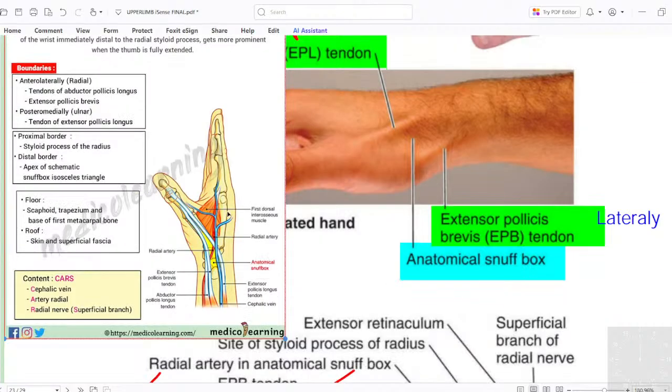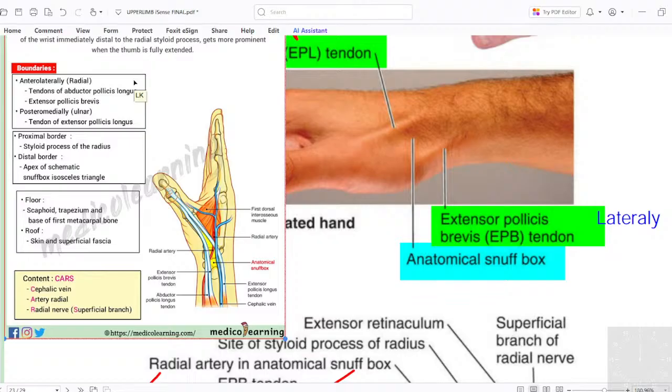You can see this figure. Learn it with your own hands. Anatomically, when the palm of the hand faces anteriorly or upward, this is the anatomical position. So now just remember: anterolaterally, and this is basically the back part.